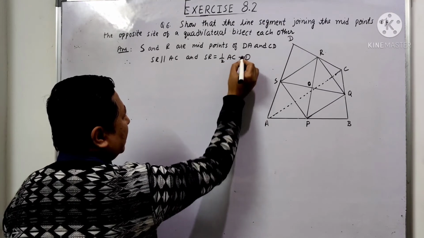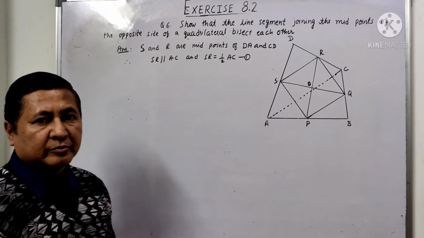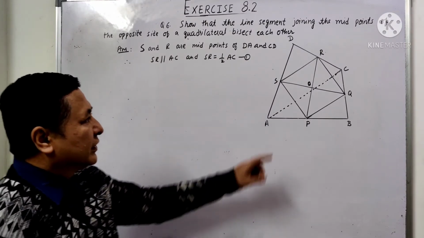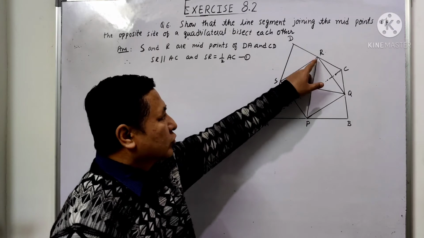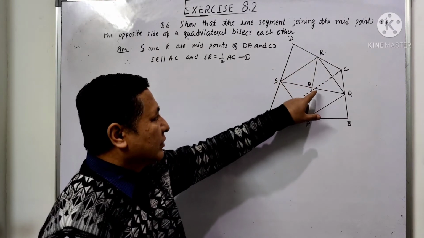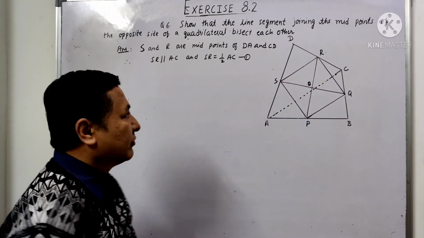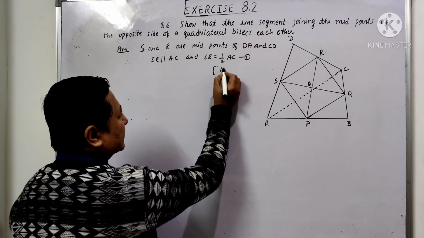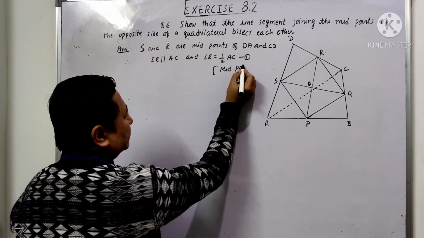This is equation number 1, and this is due to the midpoint theorem. As we know, when we join the midpoints of two sides of a triangle, it is parallel to the third side and equal to half of it. So the reason is the midpoint theorem.